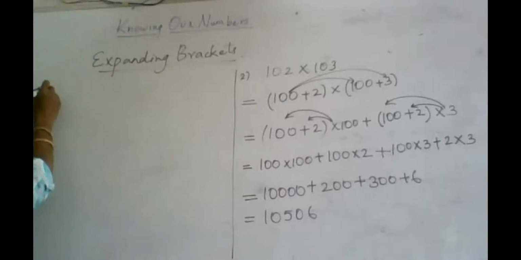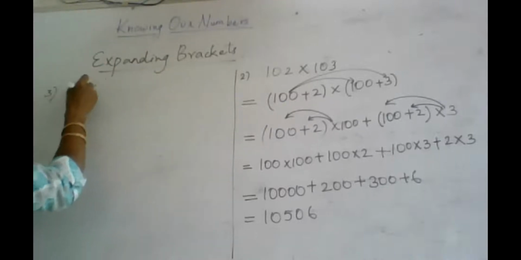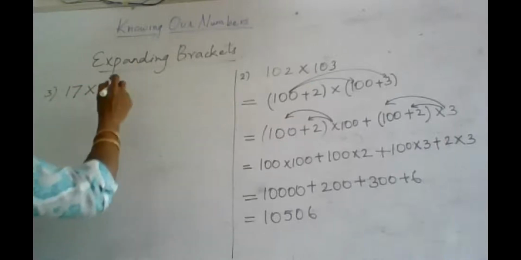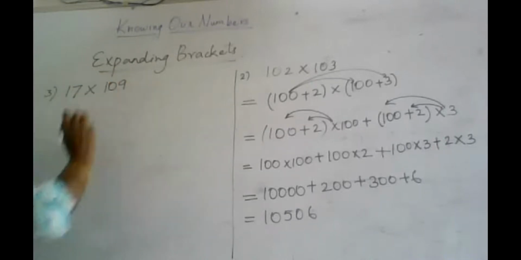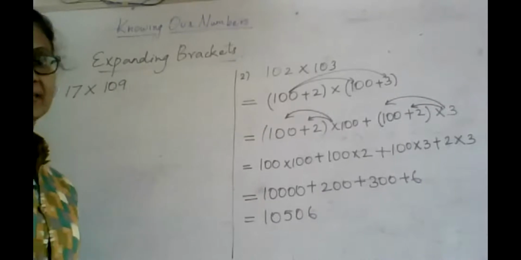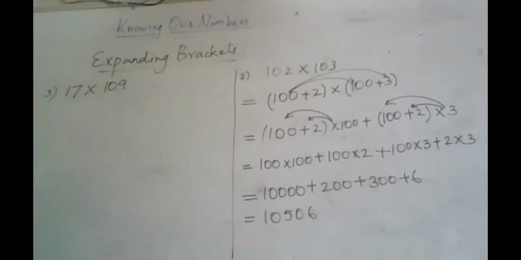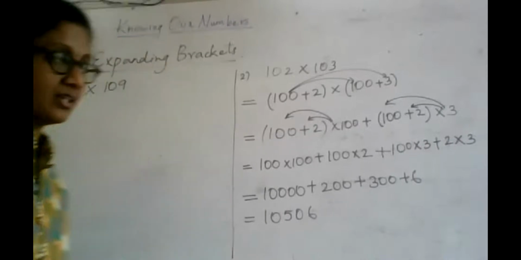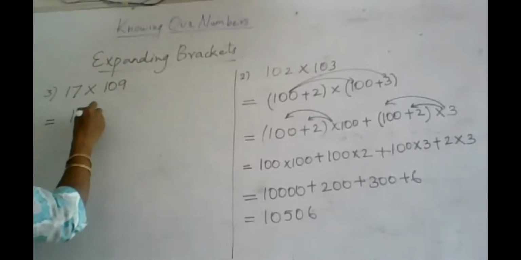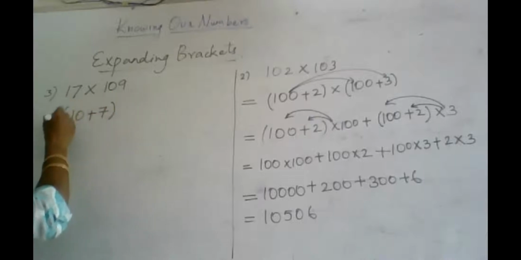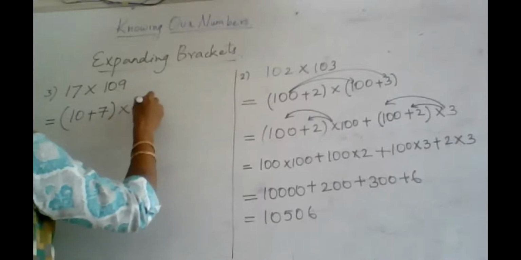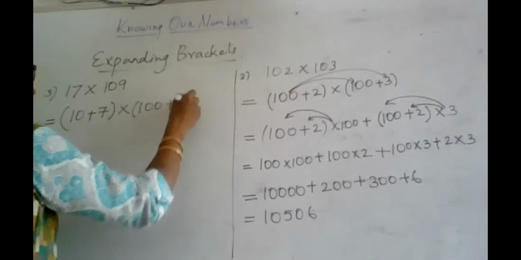So the third one is a 2-digit number multiplied with a 3-digit number. Now here also you can split both 17 and 109 as numbers with tens or hundreds. So this will be 10 plus 7 because it's a 2-digit number, and this is a 3-digit number, so we'll see it as 100 plus 9.